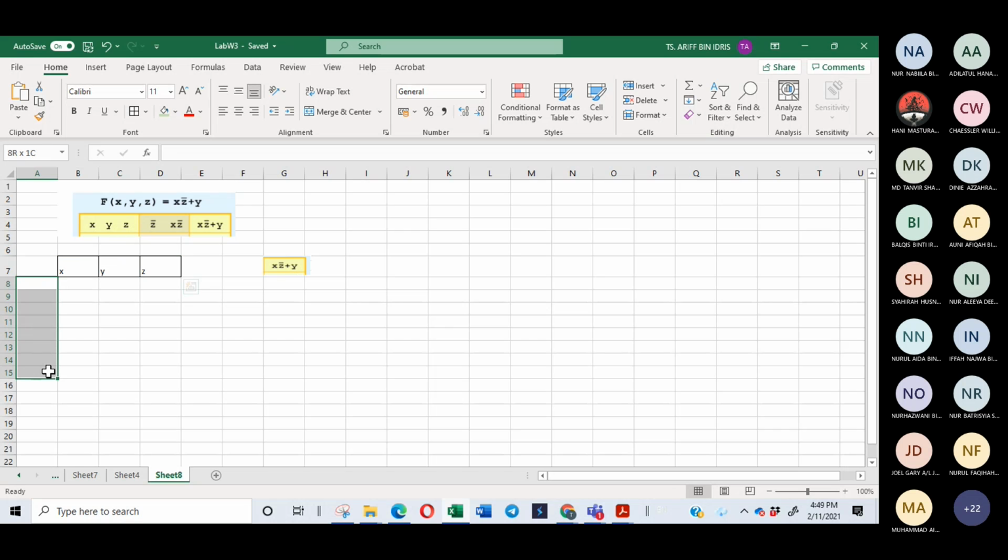Because we have three variables, right? 8. So we have 2 power of 3, which is equivalent to 8. So we need 8 input combinations.